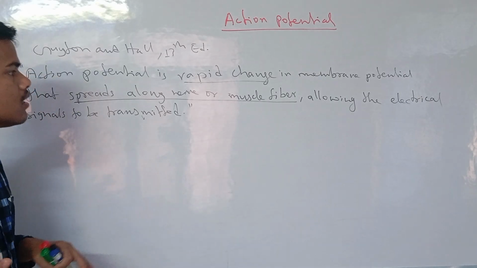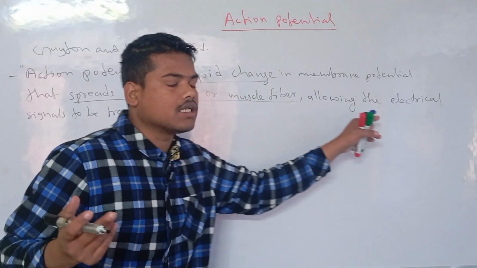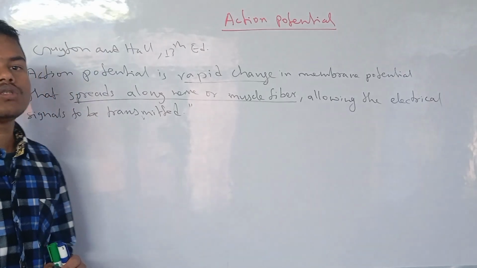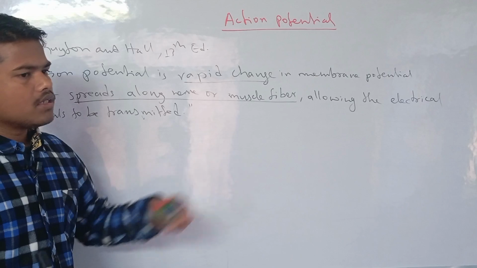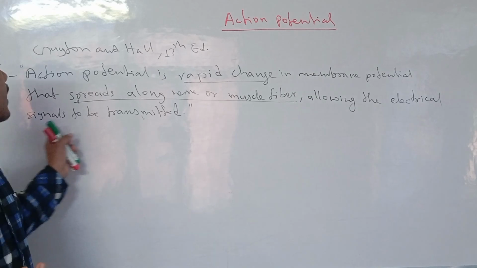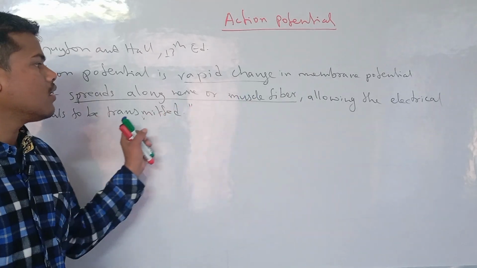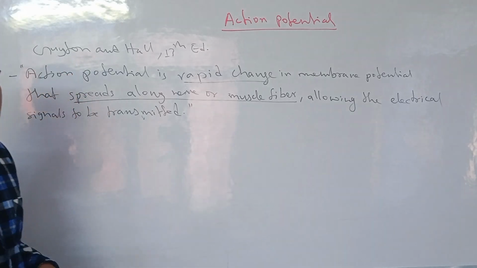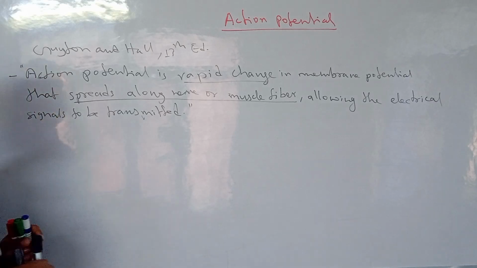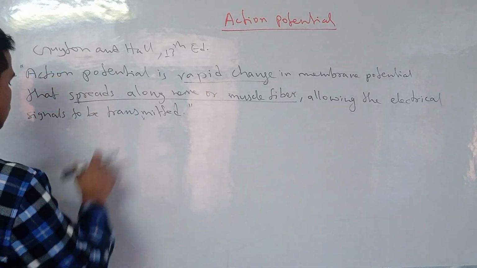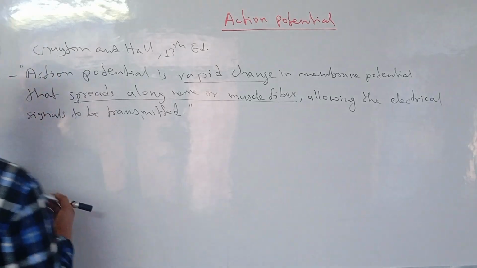The function is transmission of the electrical signals. In the nervous system and muscular system, the message is transported as electrical signals, and the desired action is achieved. So this is a very comprehensive definition, and there are many other definitions also.